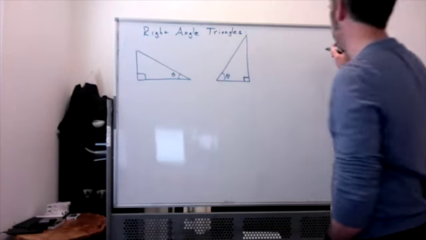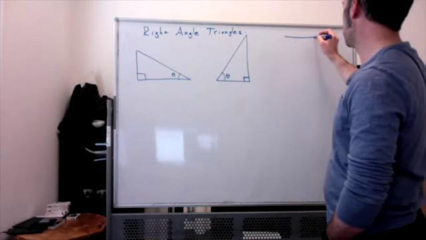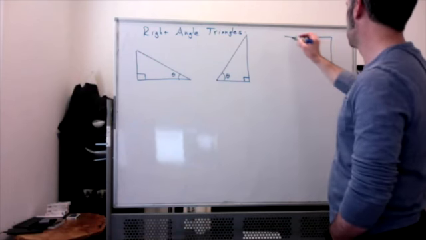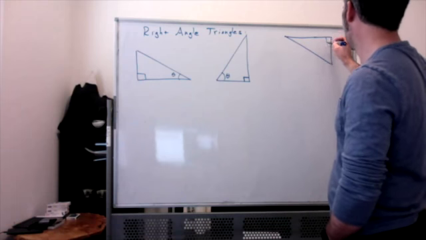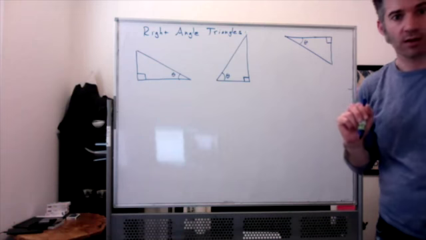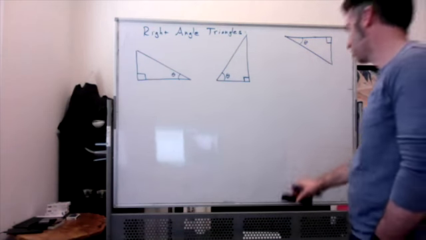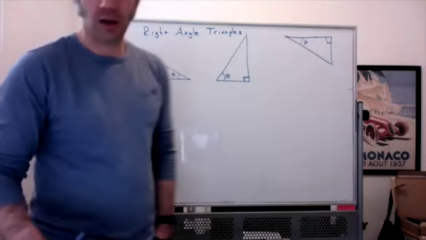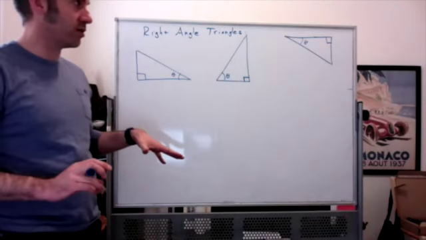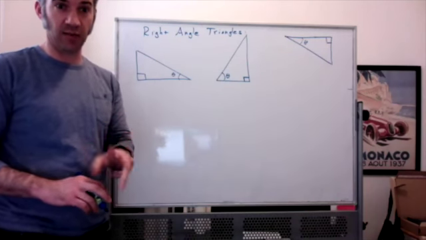Or you could draw it maybe sillily, let's do something crazy like this. So, in all of these right triangles, there are 3 sides and they always have the same 3 names.